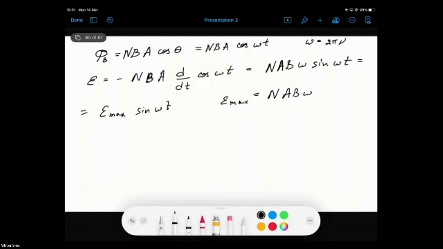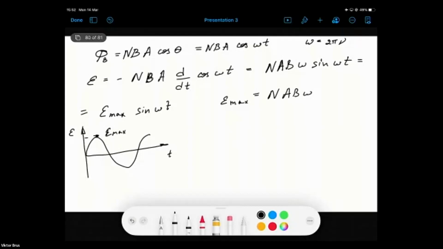And obviously it will be a periodic function at the terminals of the current loop. If we plot epsilon against time, it's sine omega t, so it will go from 0 and follow this sinusoidal law, reaching the maximum value epsilon maximum.